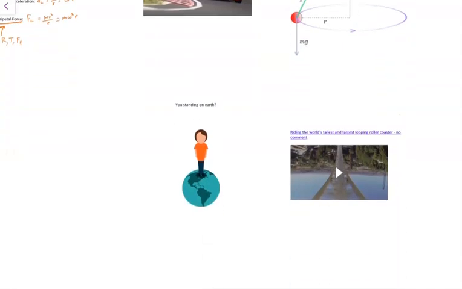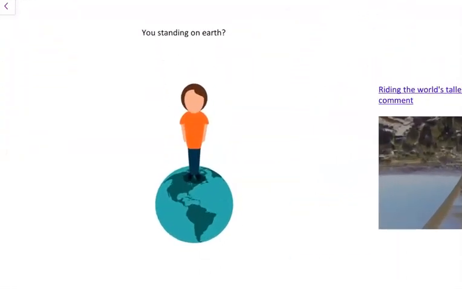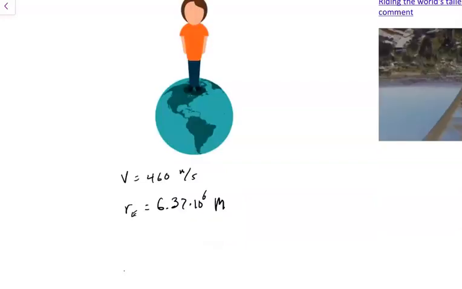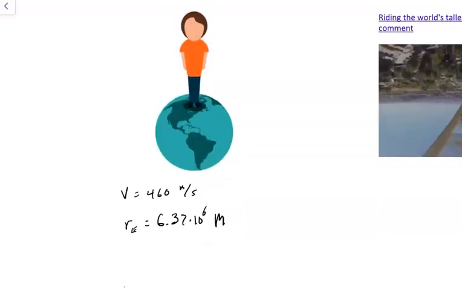So I'd like to do: you're standing on Earth. I'm going to pause this video and give you some values that we're going to use to understand our gravitational and normal force on Earth. All right, so I've given you the speed that we all travel as we're standing on this Earth, because the Earth is rotating, and the radius of the Earth.